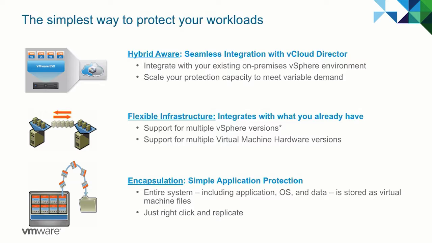When you go to the vCAN provider website and look for public cloud providers, leveraging a vCloud Director powered cloud allows you to integrate seamlessly with your existing on-premises vSphere environments. Also, from a security perspective, all the data is fully encapsulated, so you literally just right-click and replicate that data from your on-premises environment out to the public cloud.